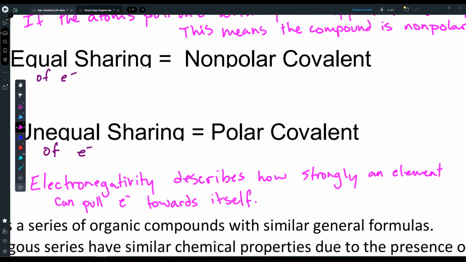Electronegativity describes how strongly an element can pull electrons towards itself.